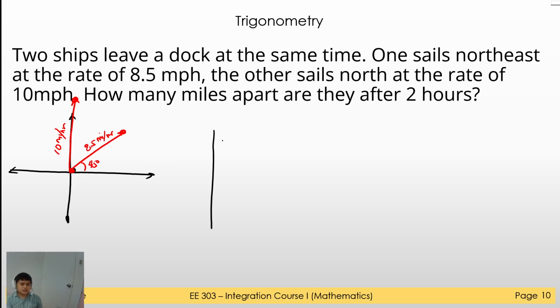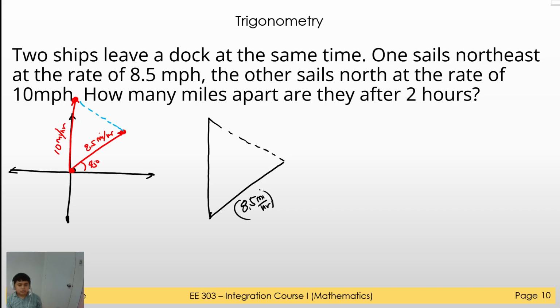So we can rewrite this as a triangle. We are trying to find the distance after 2 hours. We can imagine an oblique triangle with a side that is 8.5 miles per hour multiplied by 2 hours, so this should be 17 miles.